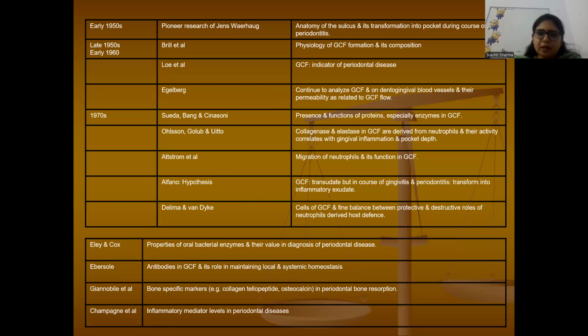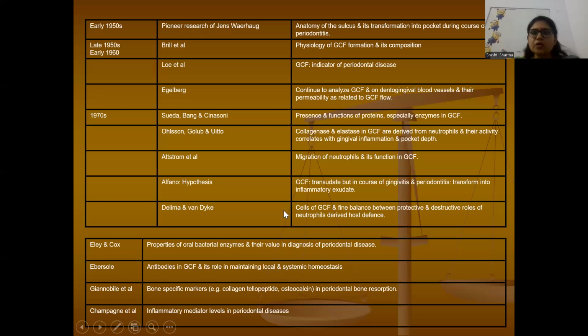Attström et al. studied migration of neutrophils and its function in GCF. Alfano hypothesis: GCF isn't a transudate, but in the course of gingivitis and periodontitis, it transforms into an inflammatory exudate. This hypothesis was given by Alfano.